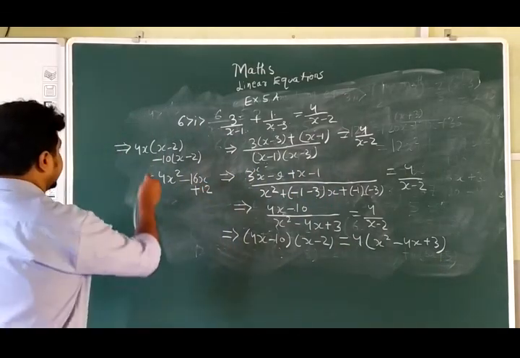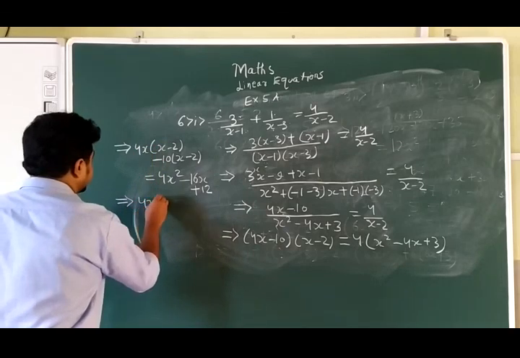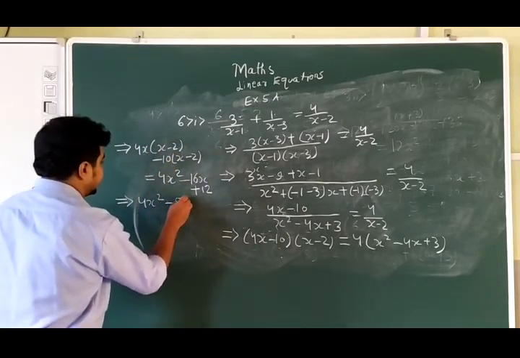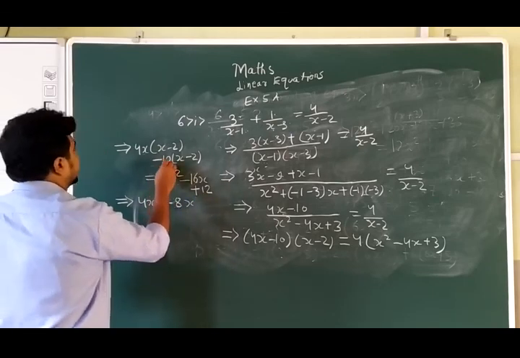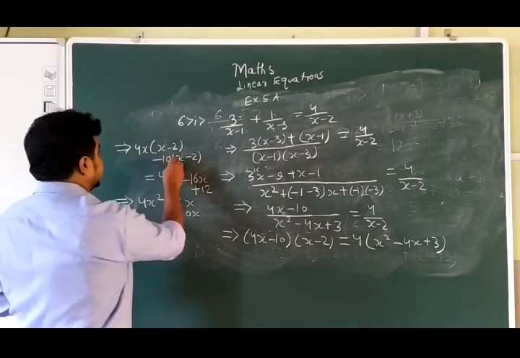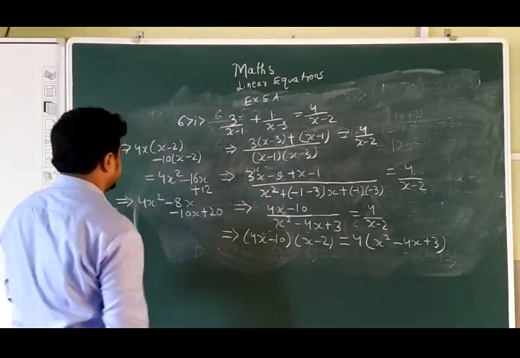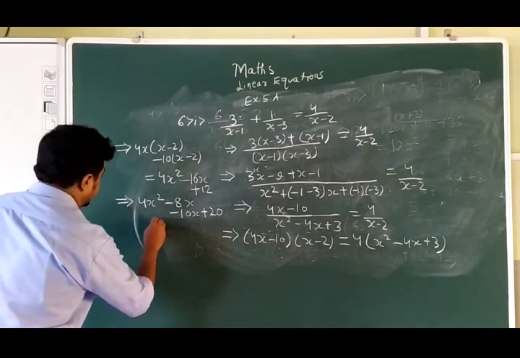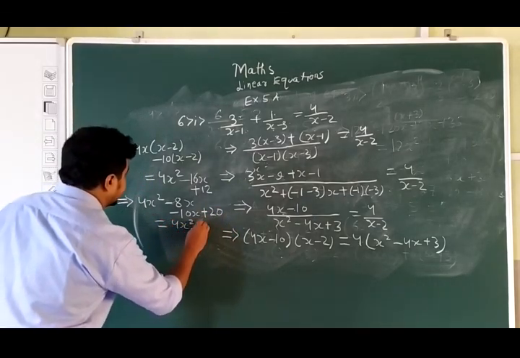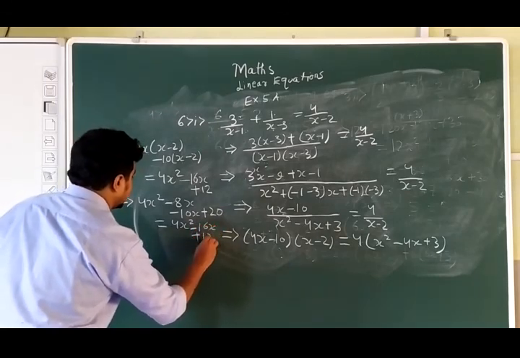So from here we are getting 4x into x is 4x square, 4x into minus 2 is minus 8x, minus 10 into x is minus 10x, minus 10 into minus 2 is plus 20. So 4x square minus 18x plus 20 equals 4x square minus 16x plus 12.